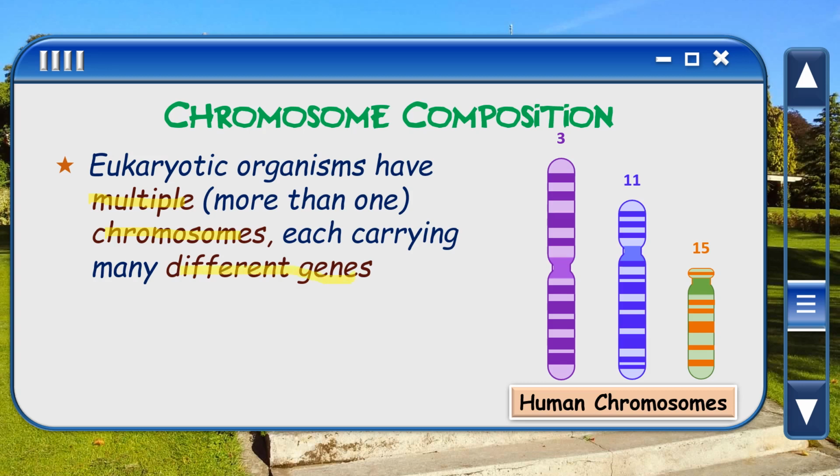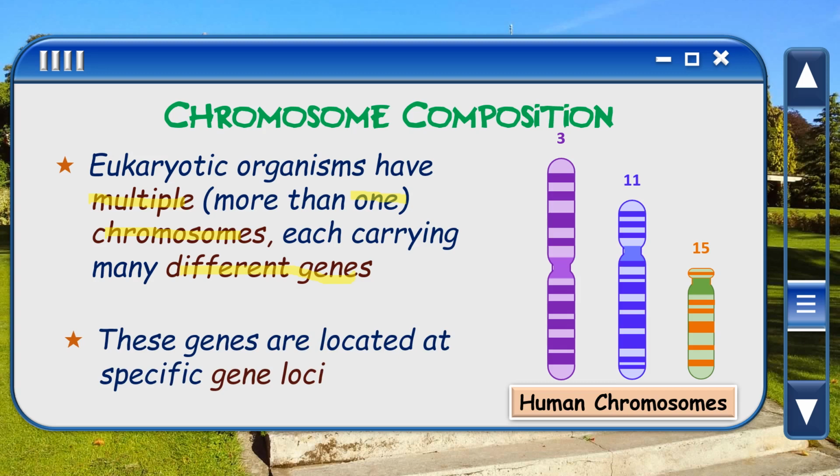Those are eukaryotic organisms. They have more than one chromosome, and each of those chromosomes is carrying very many genes. These genes are located at specific gene loci.